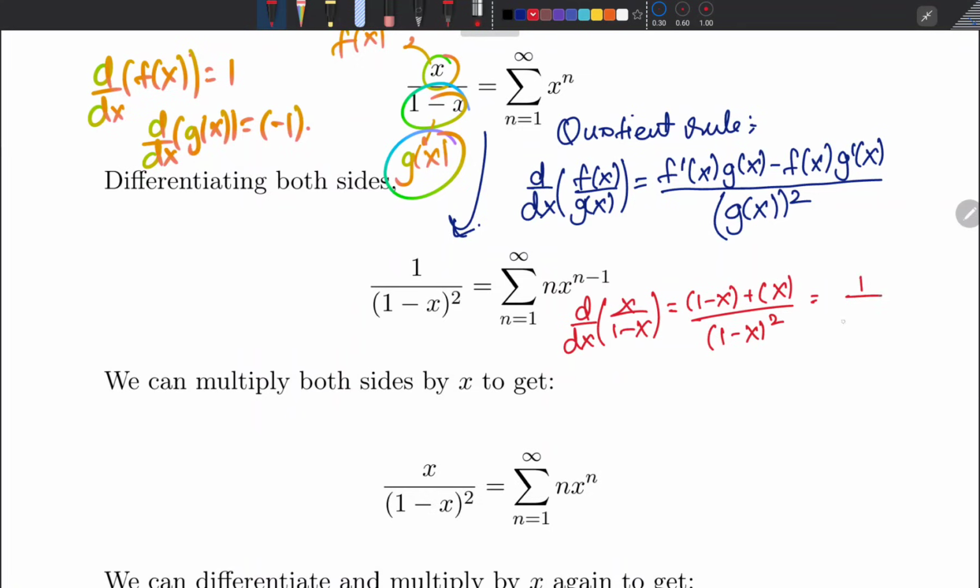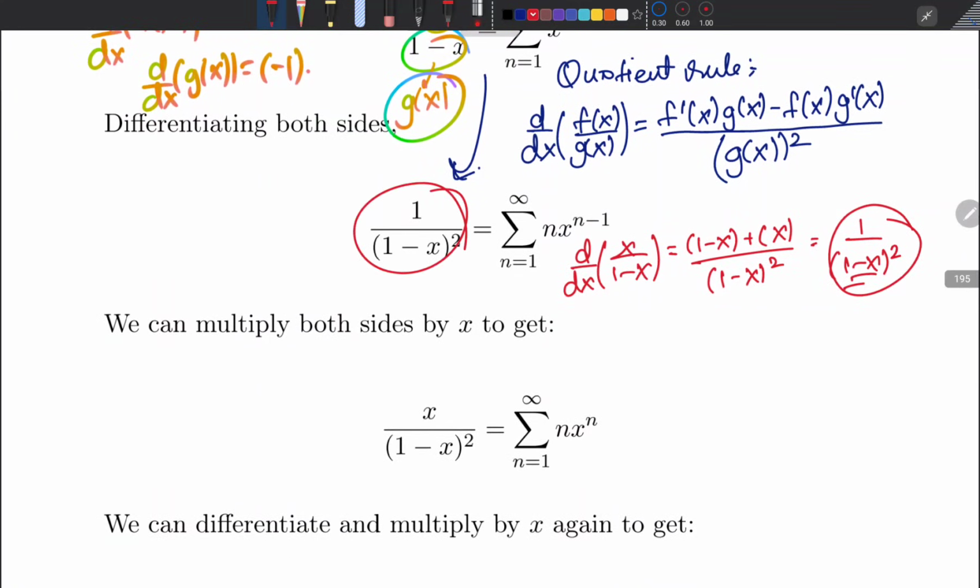From here we can say it's 1 over 1 minus x whole squared. So the derivative of x over 1 minus x comes out to be 1 over 1 minus x whole squared. So there it is.